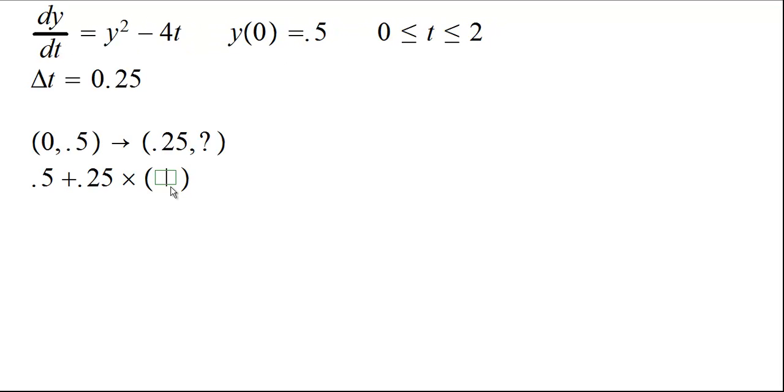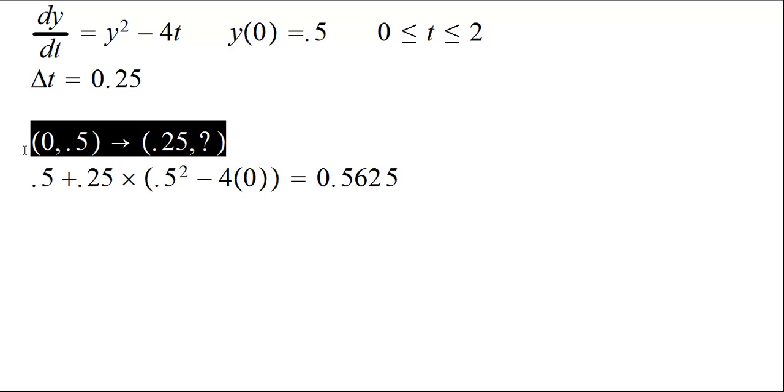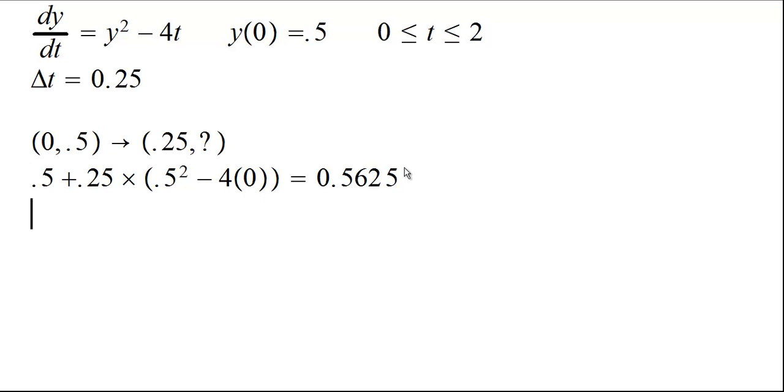The slope will be determined by the point where we started. So this is 0.5 squared, and this would be simply 0, right? So our y coordinate will be 0.5625. So here what we did was that we went to 0.5625.